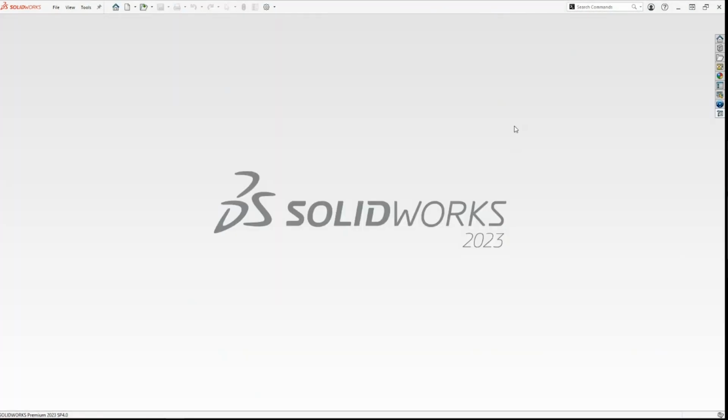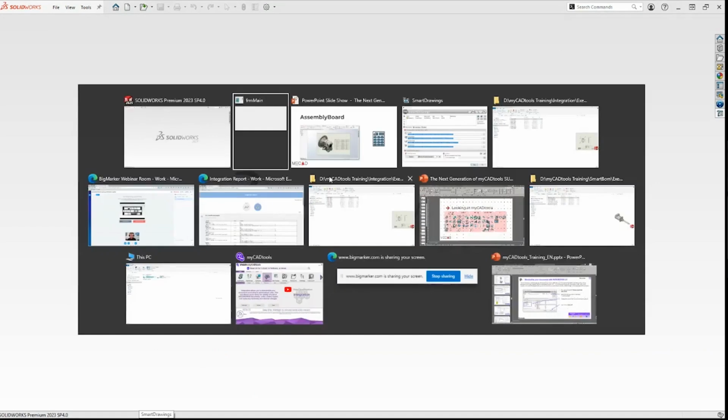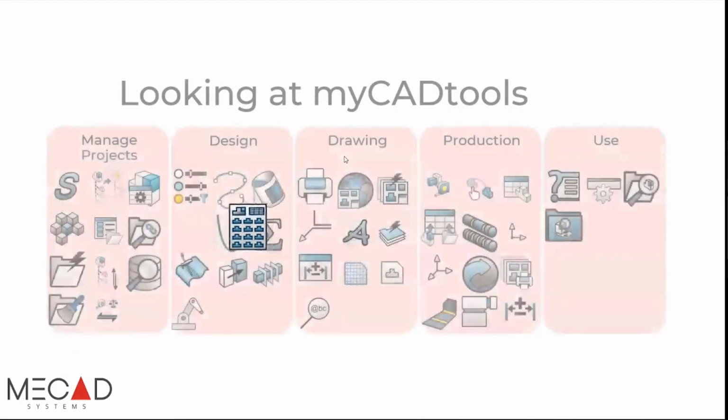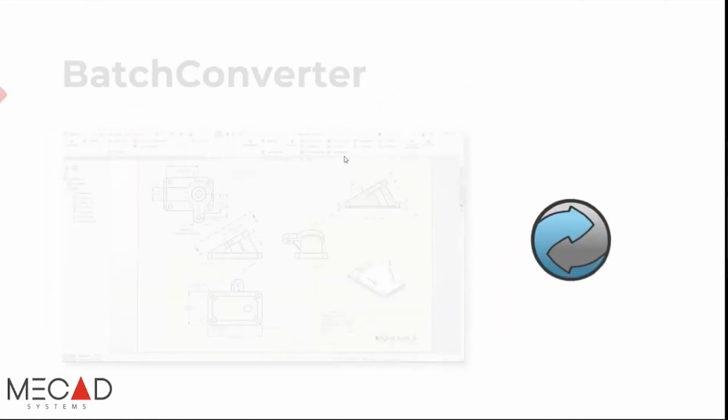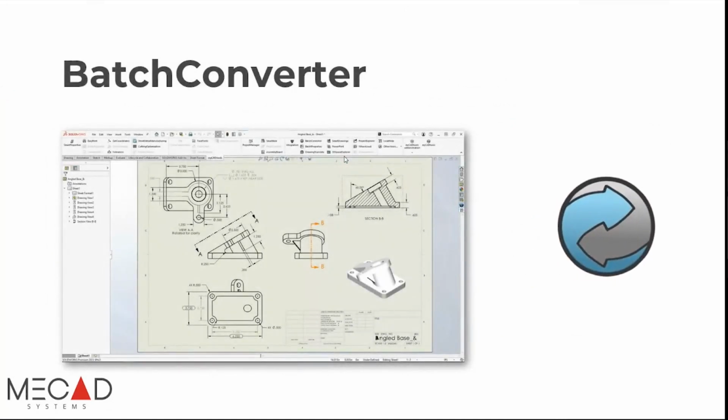And last but not least, next one, which is the batch converter. So for those of you who have PDM, this is very similar to what PDM can do. We can batch export certain drawings to PDF if you have it set up in your workflow. However, this batch converter can do any file type that you want.